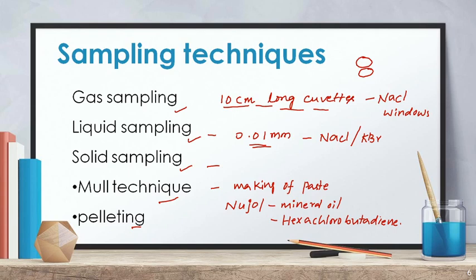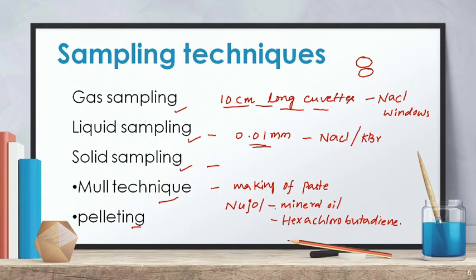In the paste there is a mixture of the solid sample and Nujol. This is also known as the mull. The mull is pressed between two sodium chloride or potassium bromide plates.